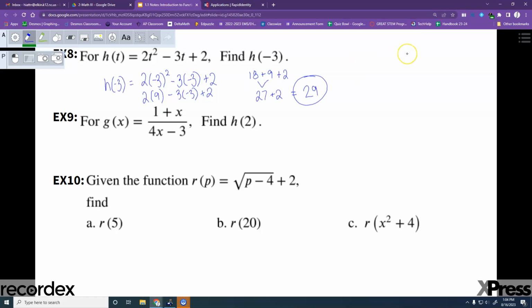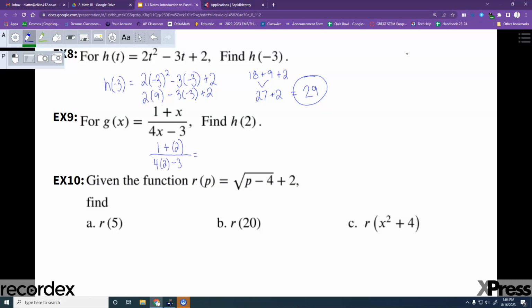Okay. What you have to be careful of is sometimes the calculator will lie to you. Let's look at this next one by hand, and one way you might type it into the calculator. So we'll do 1 plus 2 over 4 times 2 minus 3.